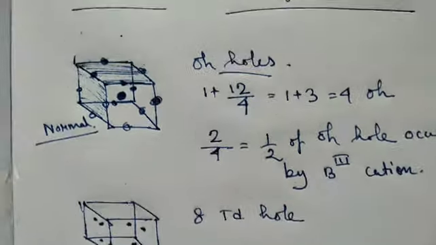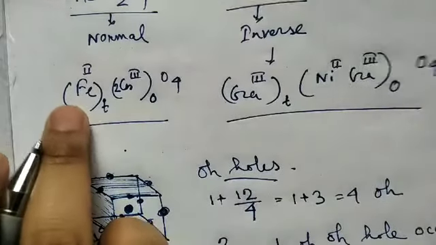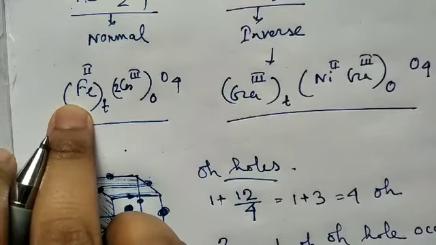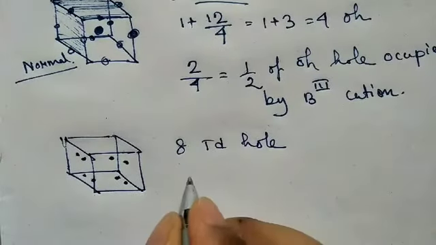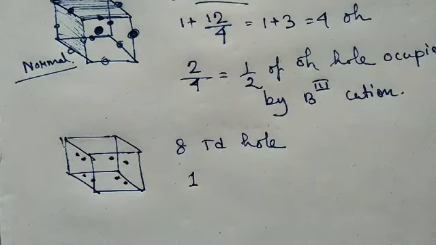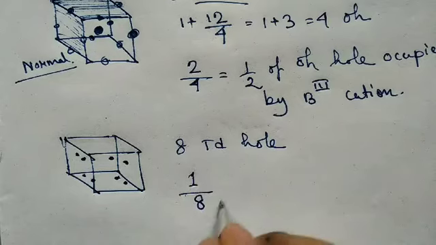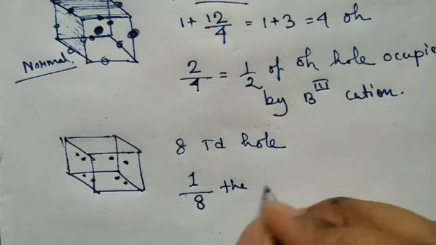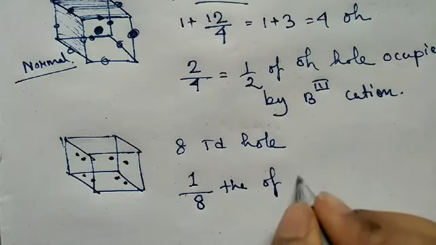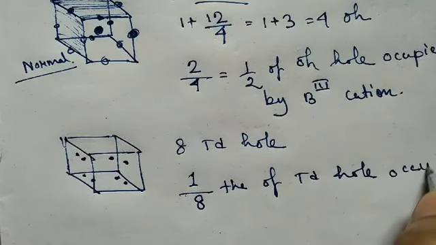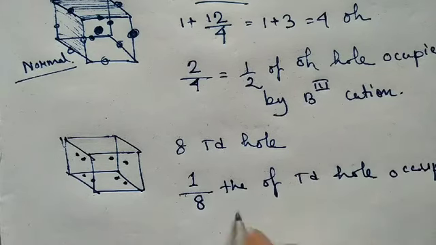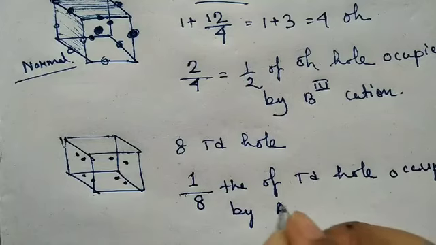But how many ions are occupying? Only one tripositive cation in case of normal spinel is occupying the tetrahedral sites. That means one cation and 8 number of holes are there. Therefore, 1/8 fraction of tetrahedral holes is occupied by trivalent cation.